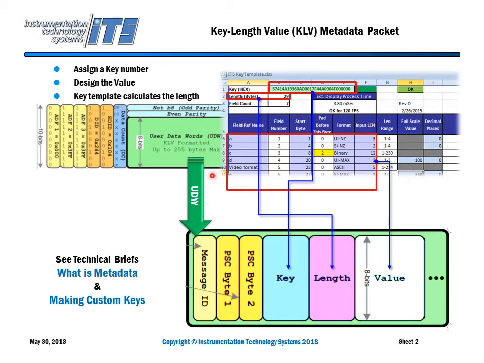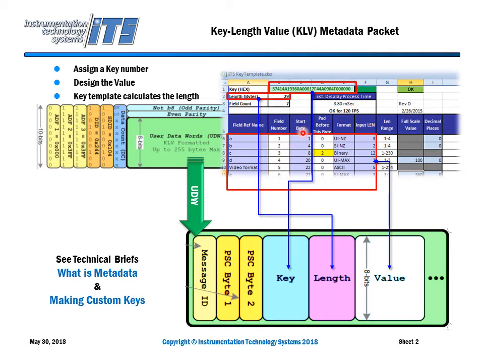We have a key template that we offer that is a tool where you can structure data to fit in a KLV packet, and it will allow you to provide labels to it that you can use later with some of our other software to see data collected in human readable form and understand what each data is.